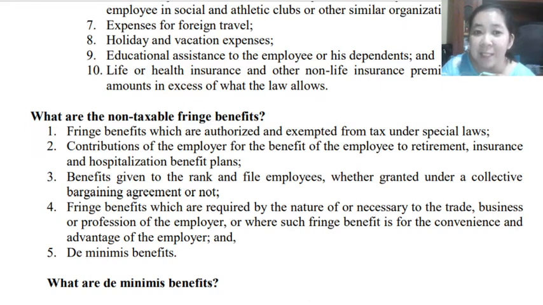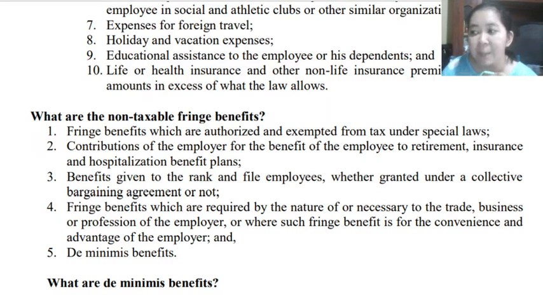Third, benefits given to the rank and file employees, whether granted under a collective bargaining agreement or not. So those given to the rank and file employees may not be subject to tax. Okay. Fourth, fringe benefits which are required by the nature or necessary to the trade or business or profession of the employer, or where such fringe benefit is for the convenience and advantage of the employer.